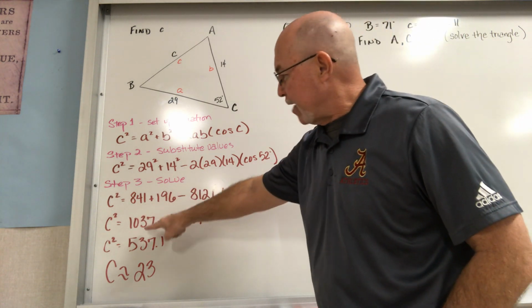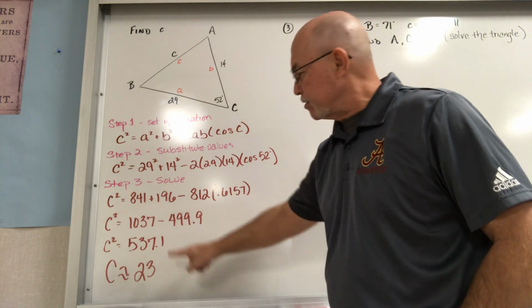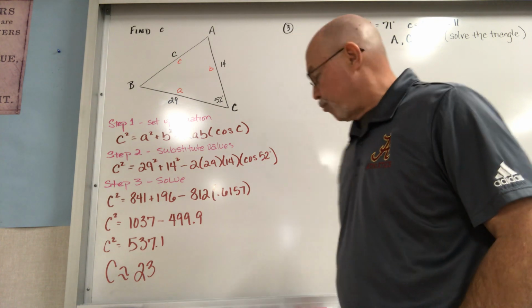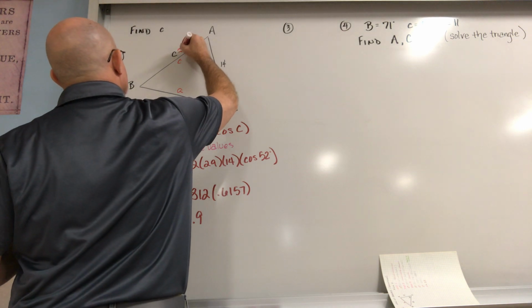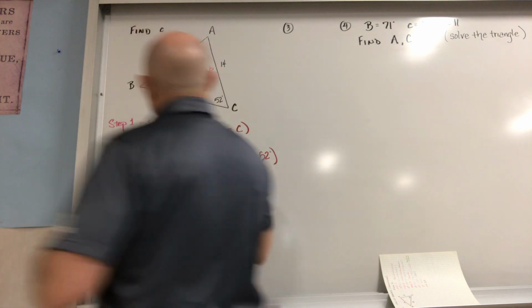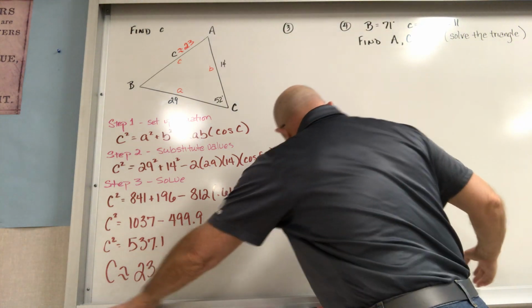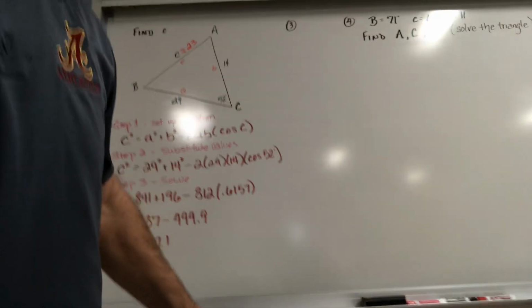I combine those. Subtract. Square root key on the calculator. That's your approximate answer. No tears. No tears. There's no crying in geometry.